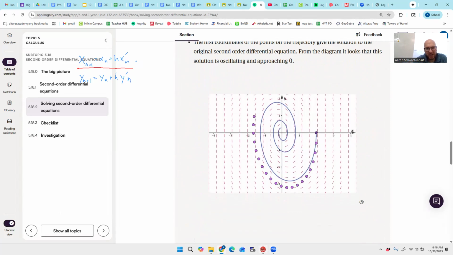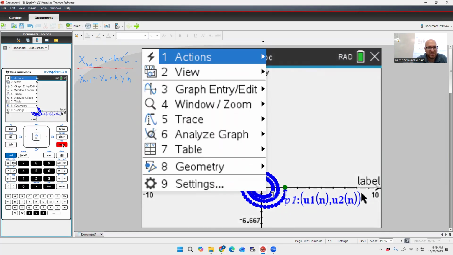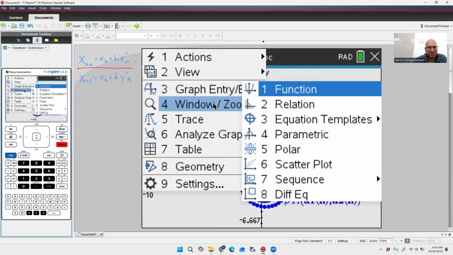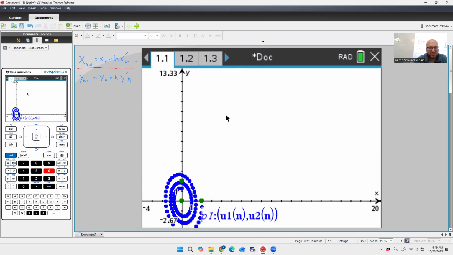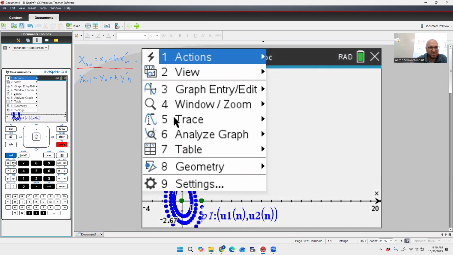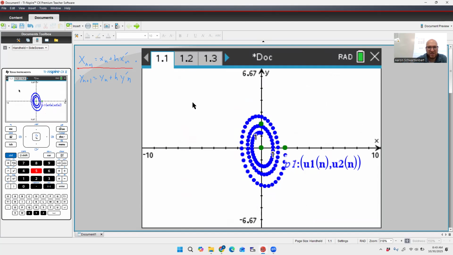I think my window's a little funky here, so if I did zoom 6, that'd probably give me a... never mind, it's not 6 on this, it's 5. It's 5 on the Inspire, it's 6 on the 84. Zoom standard is zoom 5. But we get a nice little phase portrait.